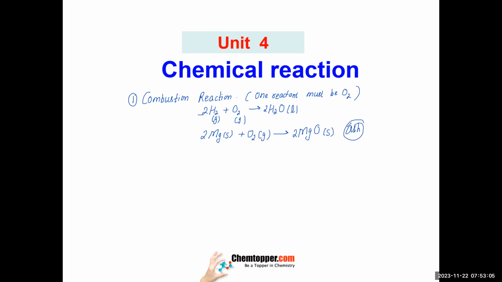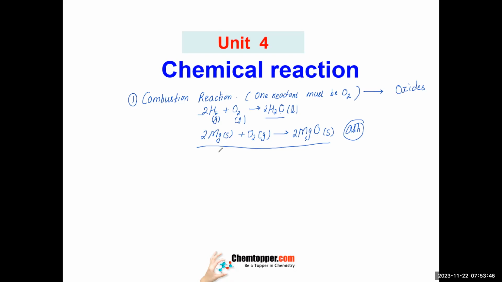You must have seen how that wood after combustion gives you ash, unburned carbon is there. So this is solid. Is it a combustion reaction? Yes. So Aditi and Anil, please understand it can be solid, liquid, gas, and it can be anything formed over there. These are oxides. All combustion reactions will give you oxides. Oxides of that element. Oxide of hydrogen is water. Oxide of magnesium is magnesium oxide. Is it okay?